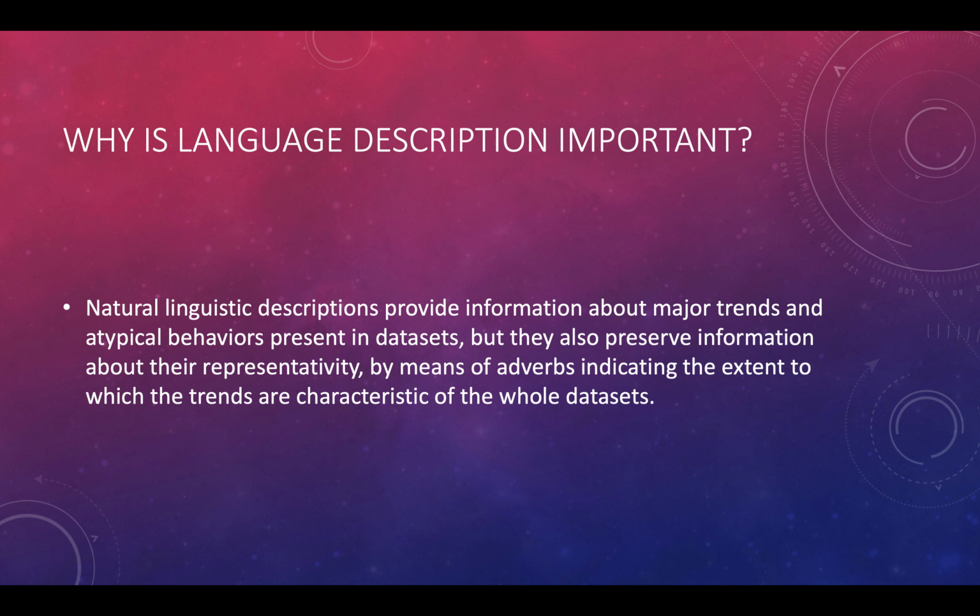Is it something that people from a certain region pronounce this way and people from another region pronounce it this way, or are there atypical behaviors? Is there someone or people in your 100 elicitations, your 100 examples of the word, that just say it different and you can't really find a reason?